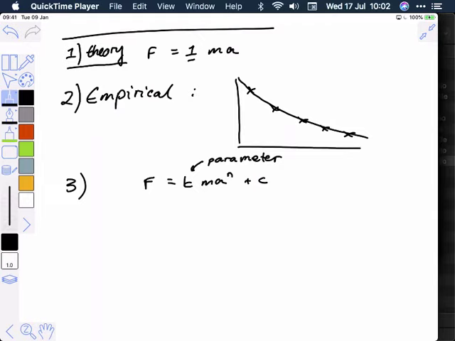If I have two curves, and the one curve is something like this, and the other curve is something like this, I would prefer the simpler version. I would prefer the one with the fewer fittable parameters, purely based on parsimony.